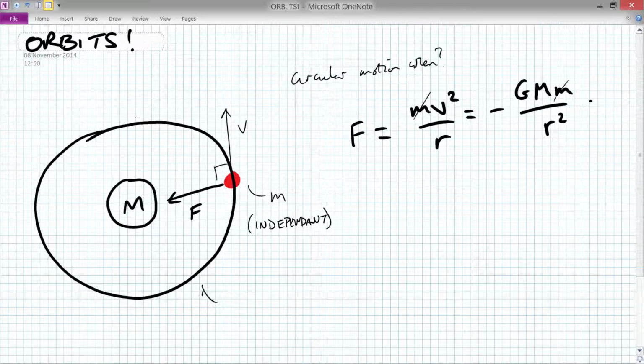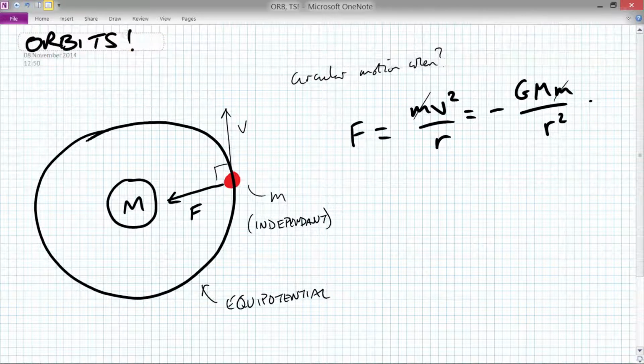And if you think about it, this orbital circle is actually an equipotential line. Again, it doesn't matter what my mass is. So that's the first thing.